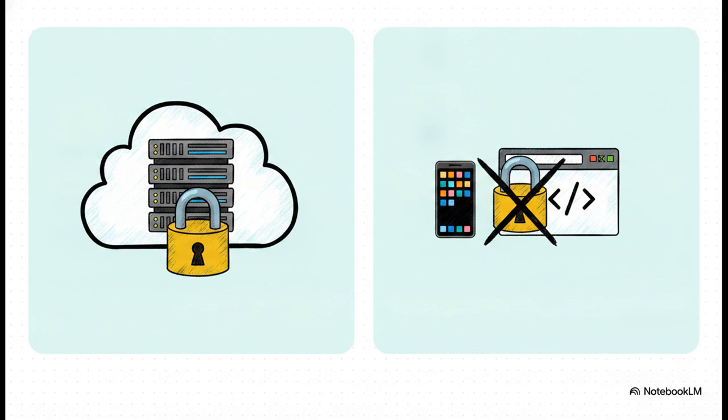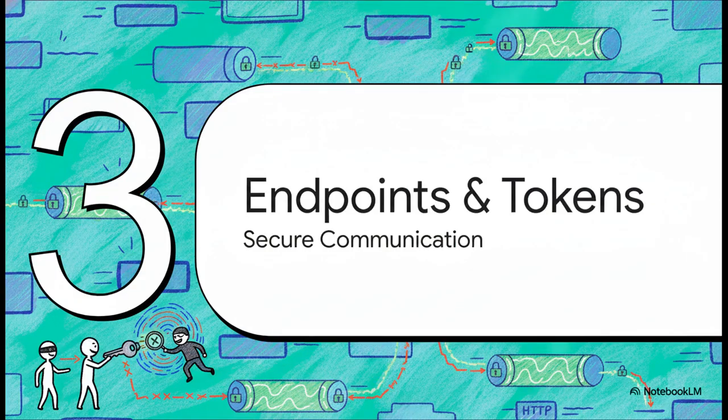On the flip side, we have public clients. These are your mobile apps downloaded to your phone or single-page applications running right there in your browser. A clever user can easily inspect the code or decompile a mobile app. Because of that, public clients simply cannot be trusted to hold a secret, and they require a totally different security approach. Which leads us perfectly into section 3, endpoints and tokens.